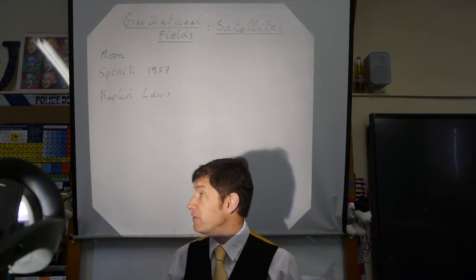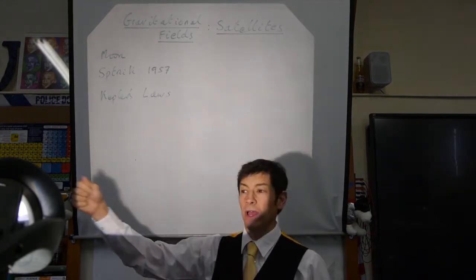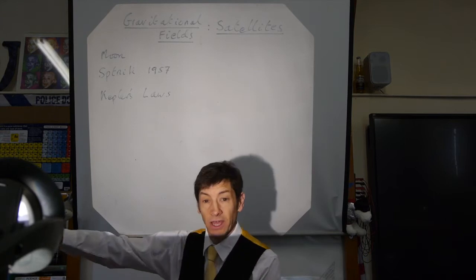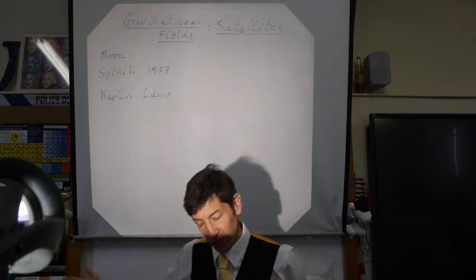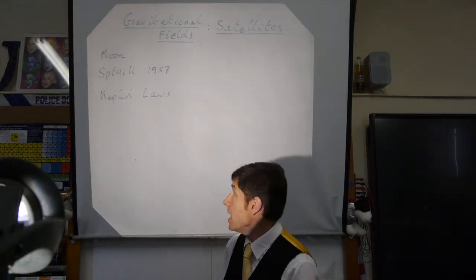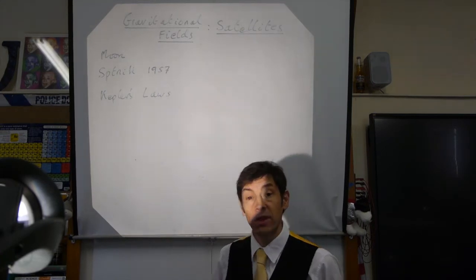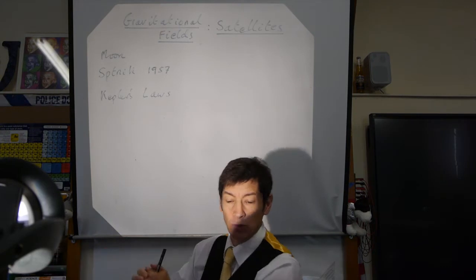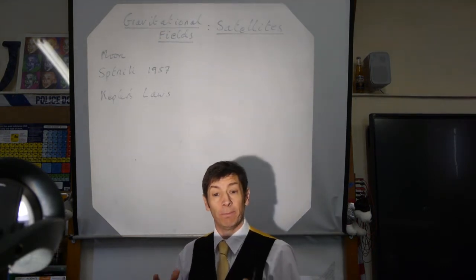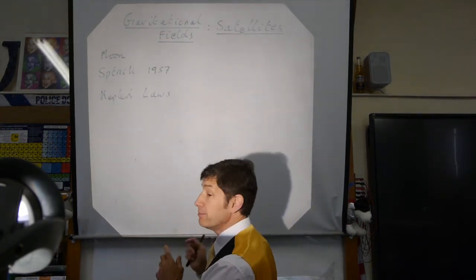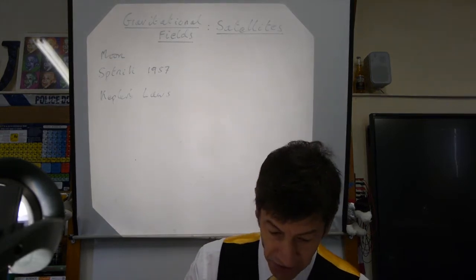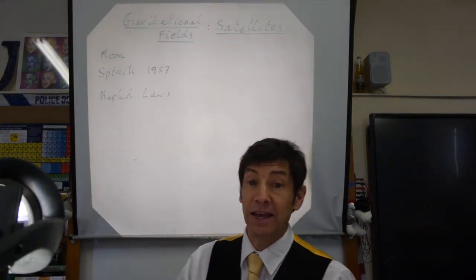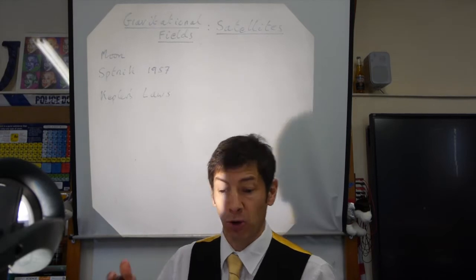If you remember firstly, if you swing something around your head, or a car goes around a circular corner of fixed radius, there's a force that needs to be applied to hold it inwards, and we call that the centripetal force. And it's really important that you remember that the centripetal force is equal to mv squared upon r.